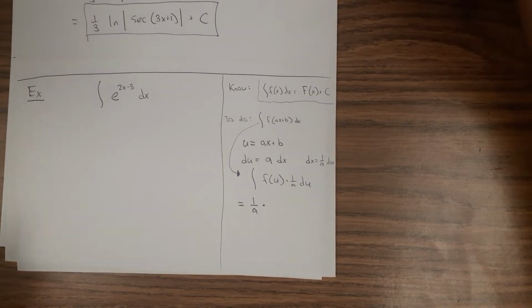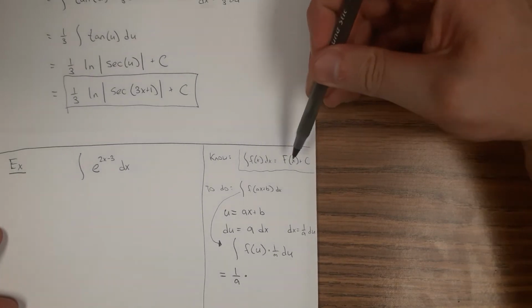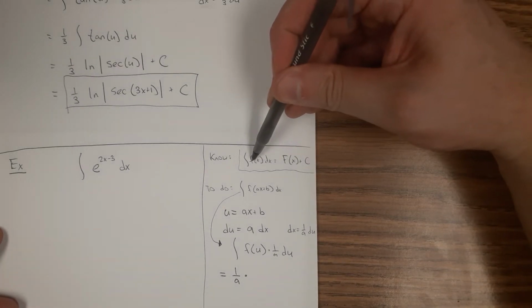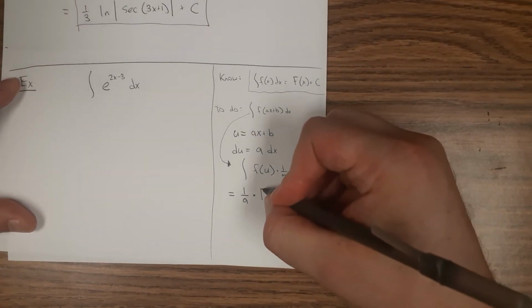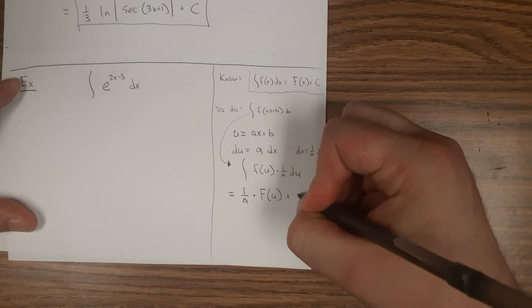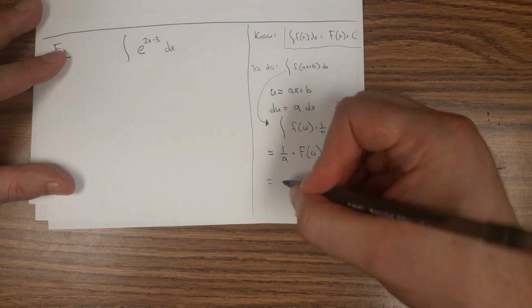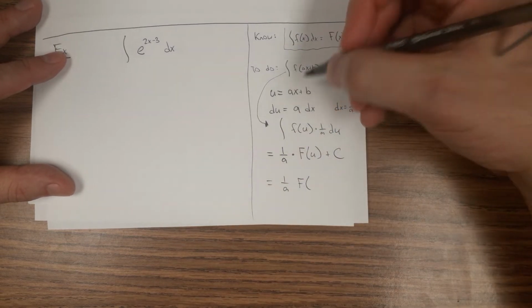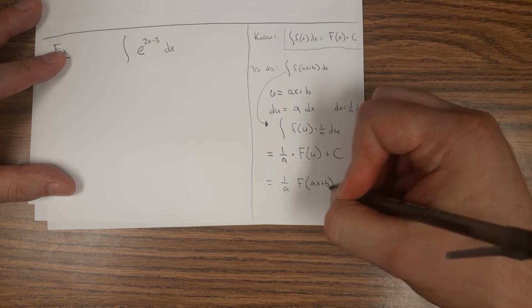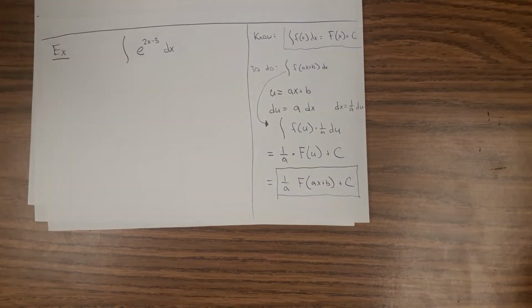And then what's the antiderivative of f of u? Well, we said the antiderivative of lowercase f was capital F. So this is capital F of u plus a constant. And then finally we go back to x's. U, if you recall, was ax plus b. And that's always what you get.